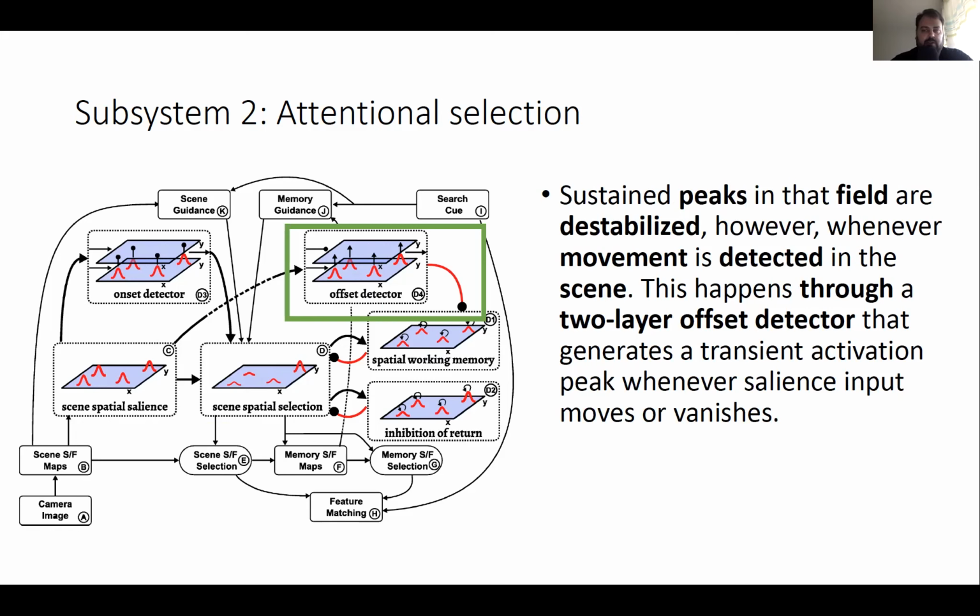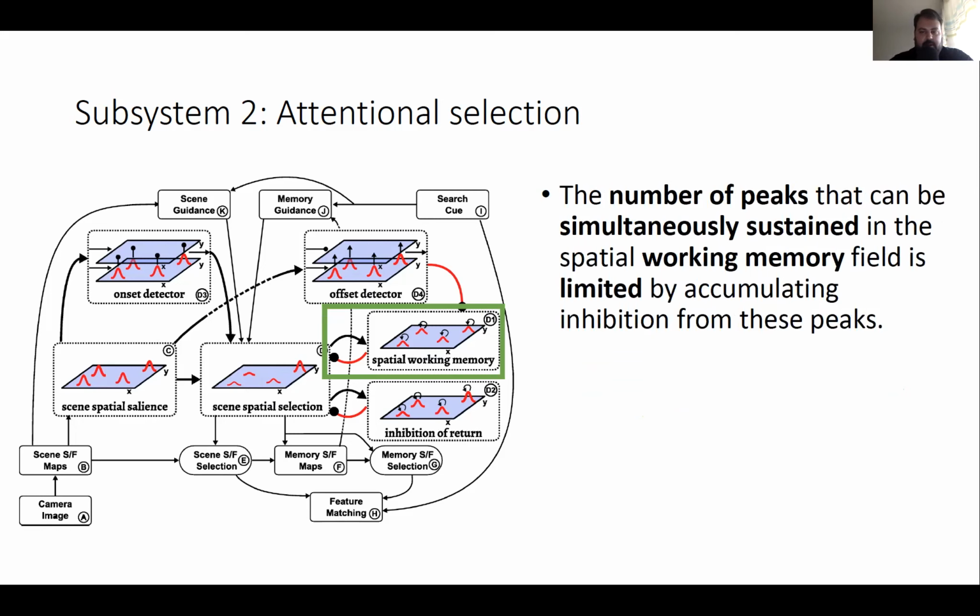We could also argue that you could get information about the location from visual working memory directly, but in the second experiment we showed that these are different paths. So the location, spatial inhibition, and the scene memory have different effects on the experiment. Importantly, the number of peaks that can be simultaneously sustained in the spatial working memory field is limited by accumulating inhibition.